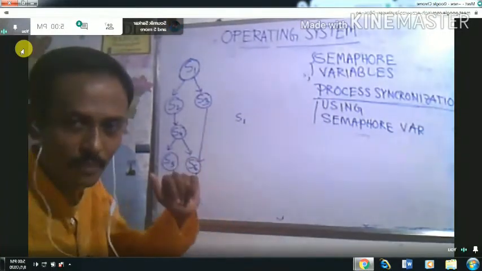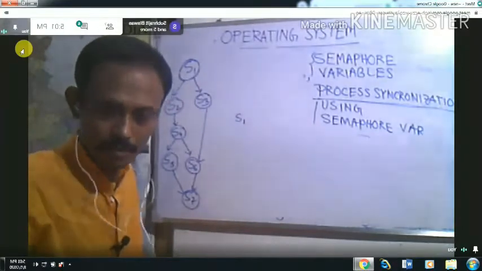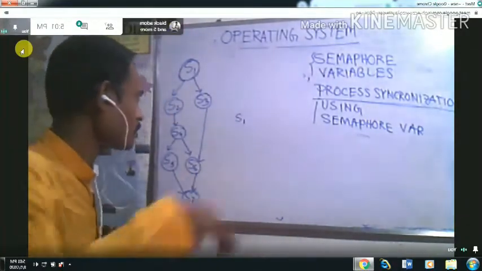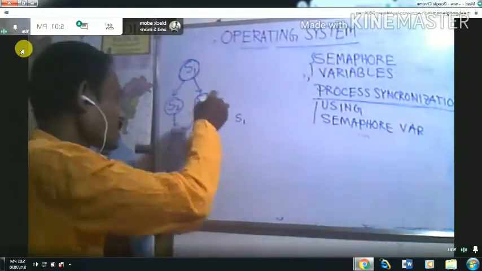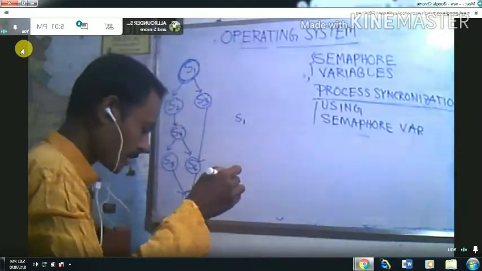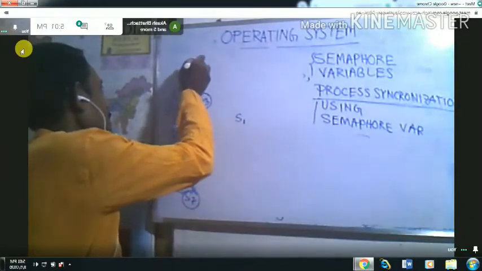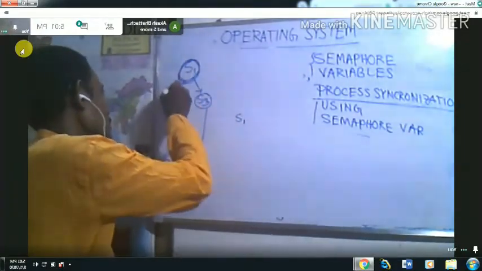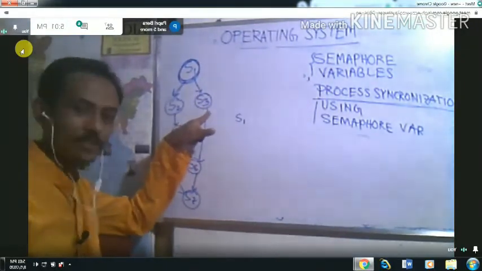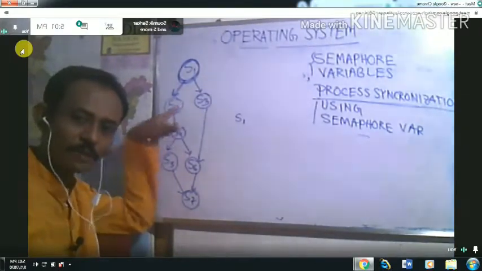This is a very interesting concept. Let's just see it and try to understand this. So suppose your first process is S1. Now what will happen? If S1 is not finished, S2 cannot start. If S1 is not finished, S3 cannot start. So that means there is a synchronization between S1 and S2, and between S1 and S3.